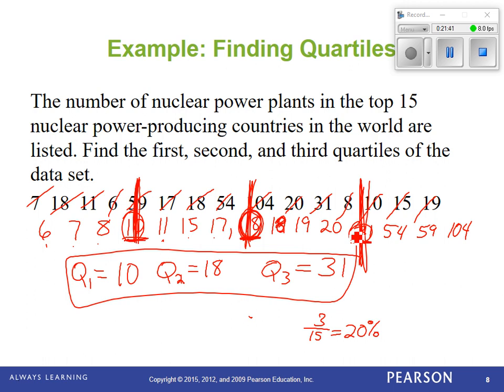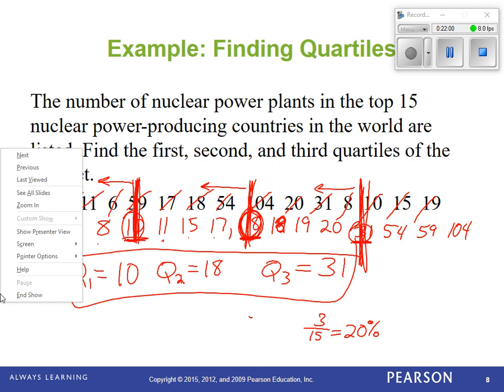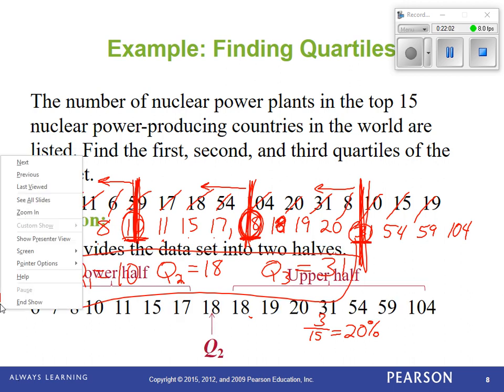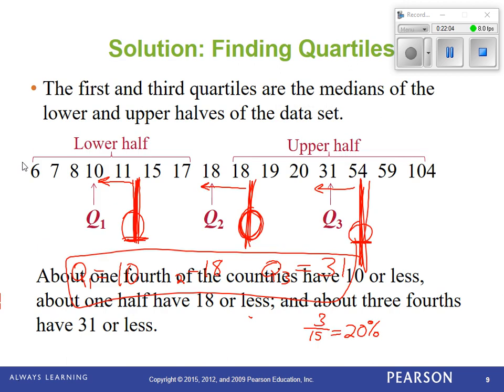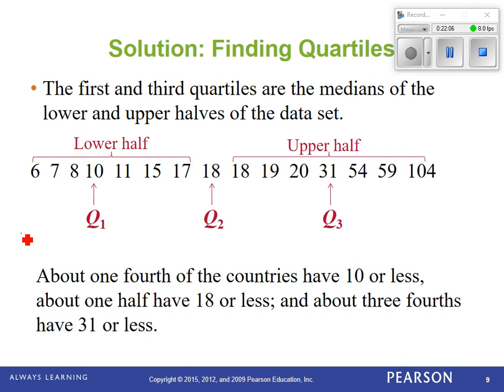Usually when you're dealing with the quartiles, if we're at quartile 1 here, you're looking at that number, down. This number, down. This number, down. So that's what we came up with.